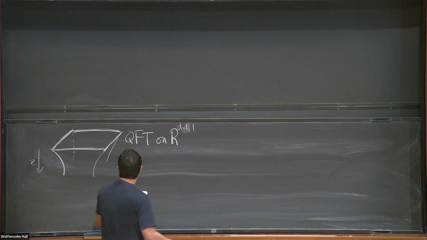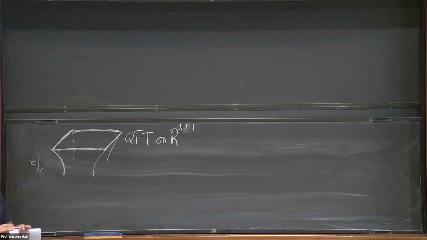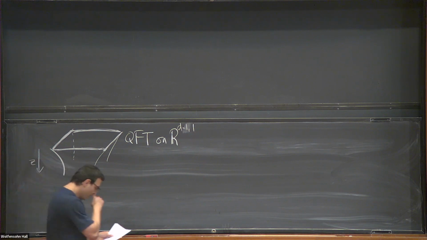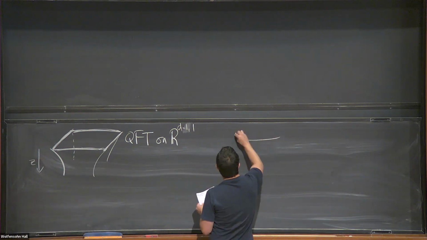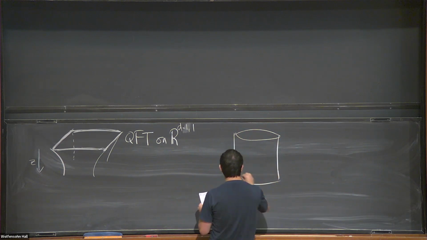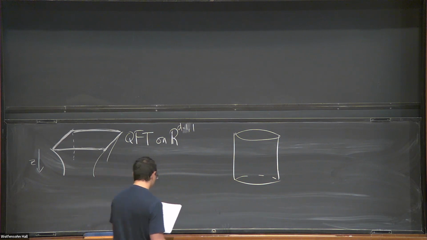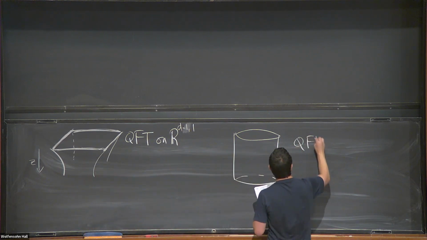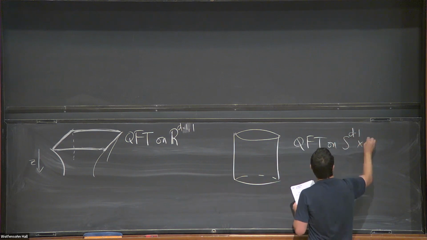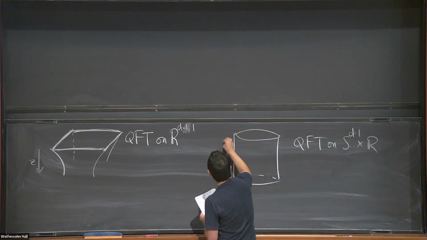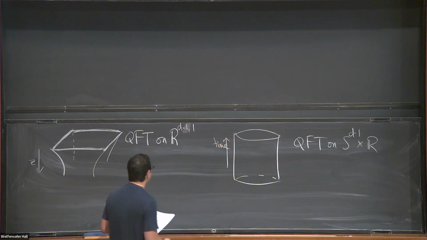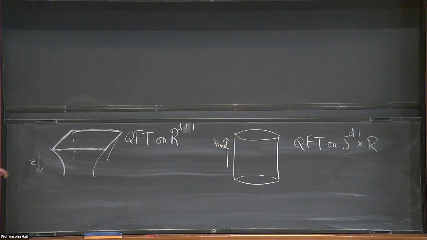And another picture to have in mind is, the gauge theory doesn't have to live in flat space. It could live, for example, on a sphere times time. So a picture to have in mind is something like this. This would be for a QFT on S^{D-1} times R, so this is time. And in both of these cases, we can think of the QFT as living, in a rough sense, on the boundary of the space.